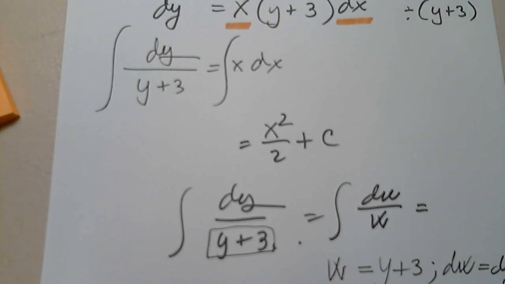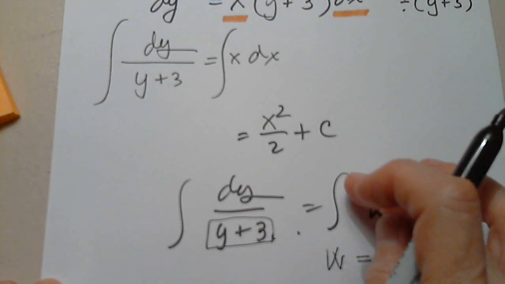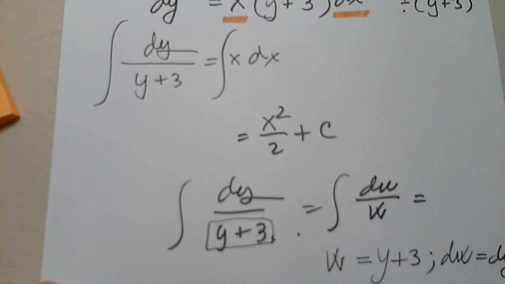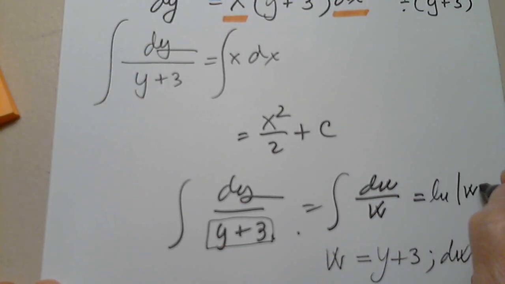dw over w. It's the same formula we used 10 minutes ago. It's the same function. Which function do we differentiate to get 1 over w? The natural log, yes, but with the absolute value.